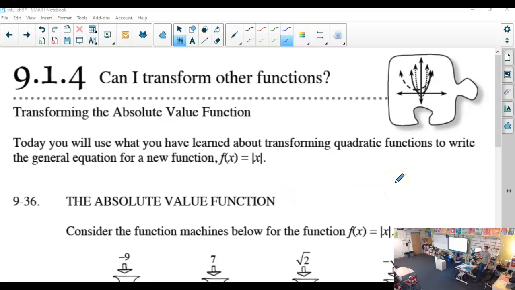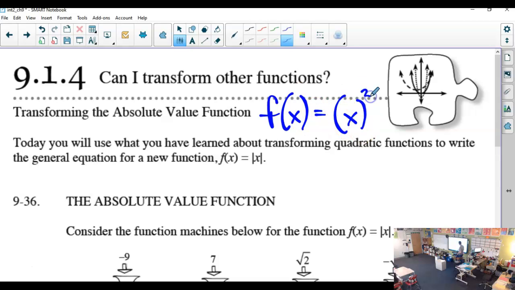This all relates back to every function has a parent form. So the parent function of a parabola is f of x equals x squared. And then we start messing with it. The parent form of an absolute value is just absolute value of x, and then we start messing with it, either on the inside of the function or on the outside of the function.